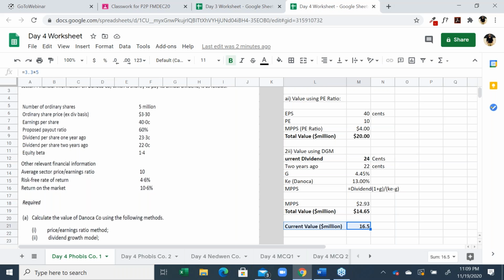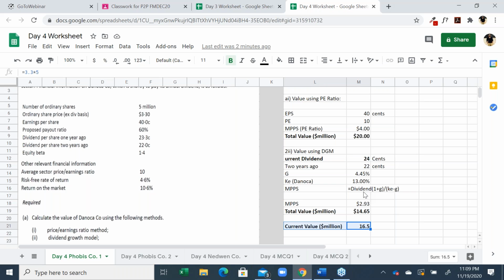Okay, let me explain, and listen carefully. This may be asked in the question. That's a concept. Just look here. What growth rate have we used in the dividend growth model? 4.45%, right?